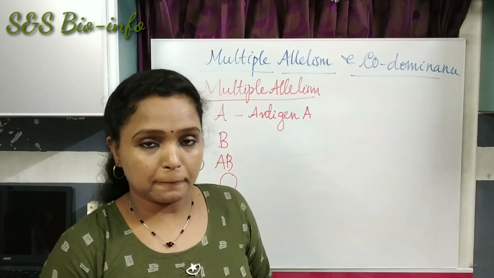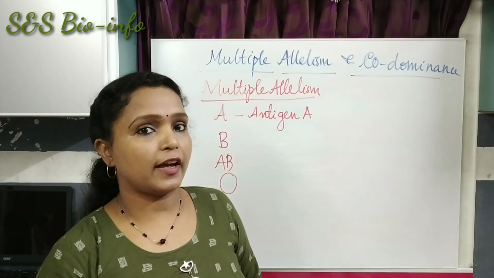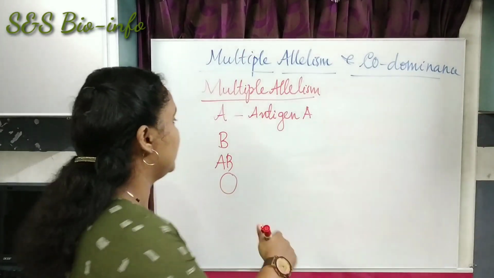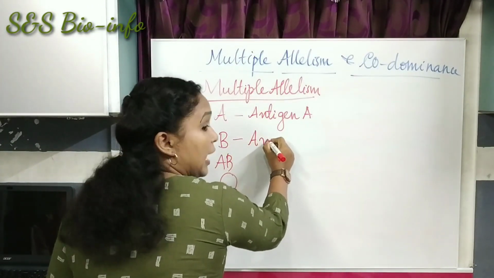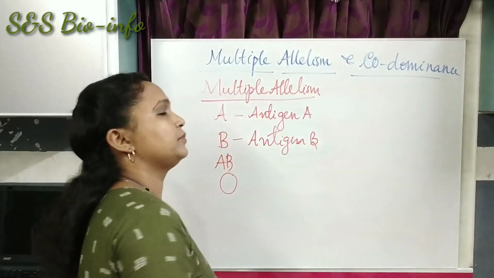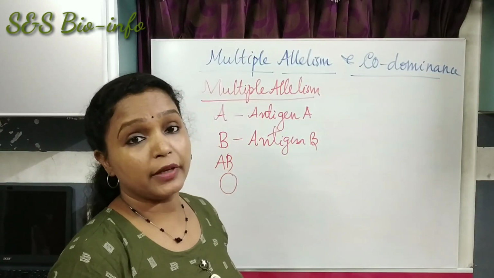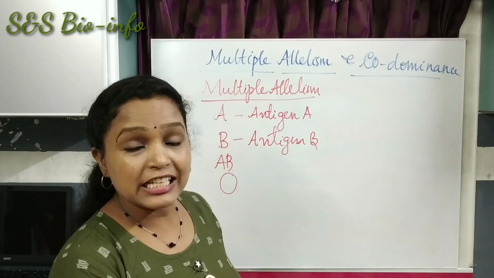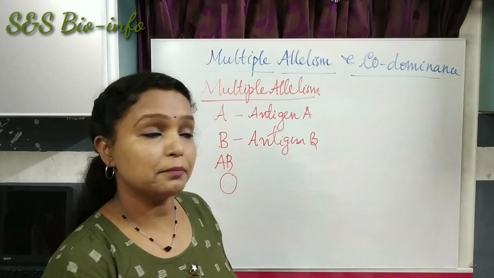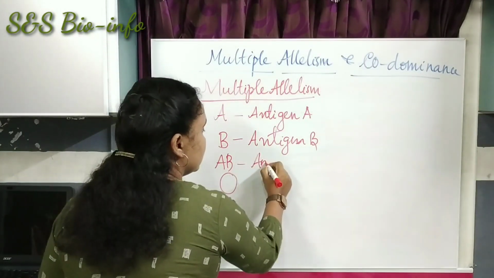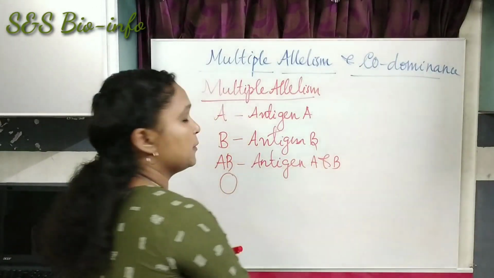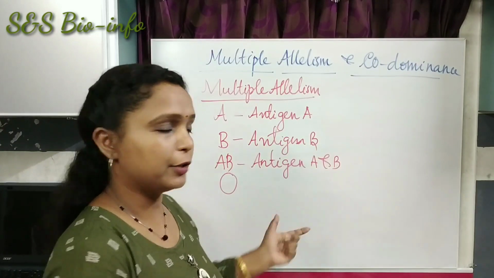So based on the presence of antigen A, such a person has blood group A. In case of blood group B, that person possesses antigen B. The third blood group, AB: that person possesses both antigen A and B. So antigen A and B are present in the case of AB blood group.